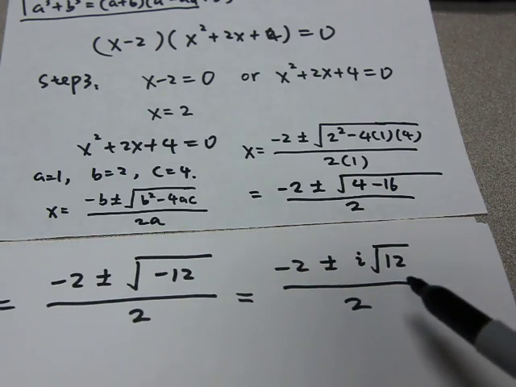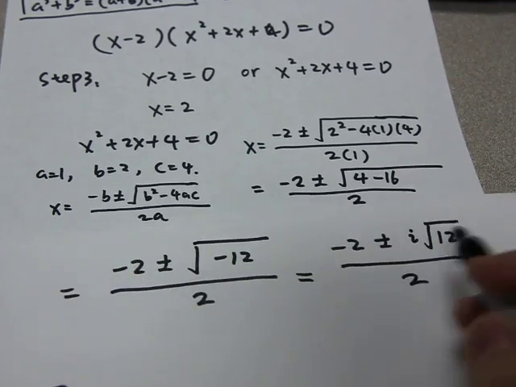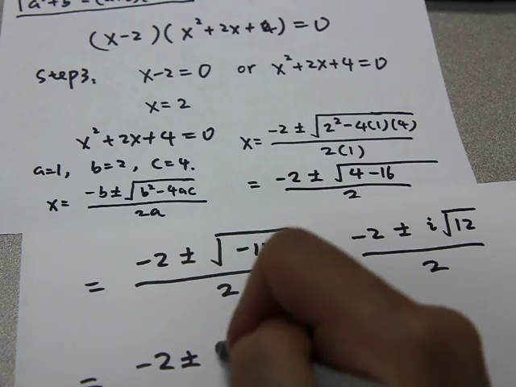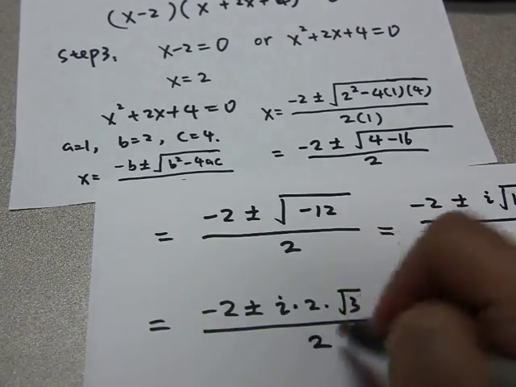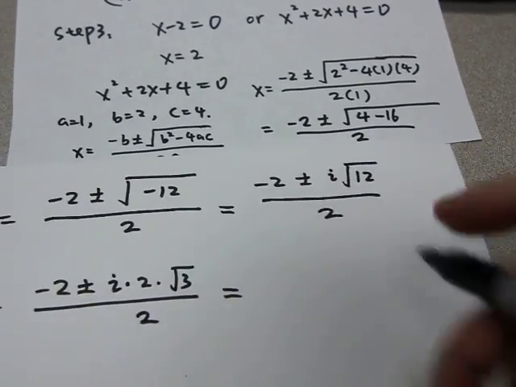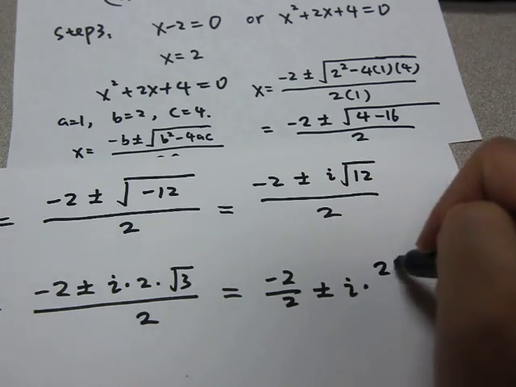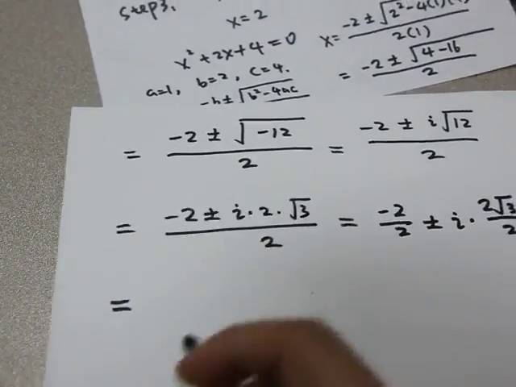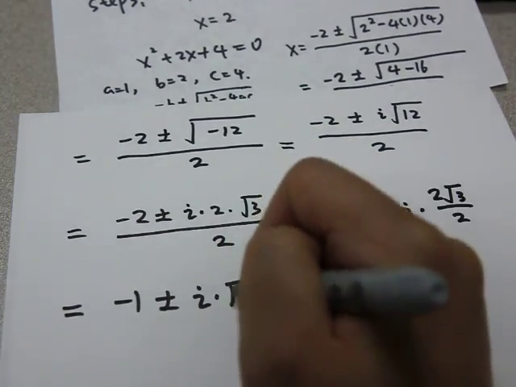Again, if you forgot how to do this, you want to watch the videos on complex numbers. Next, we simplify the square root of 12, so we have i times 2 times the square root of 3, over 2. So we have negative 2 over 2 plus or minus i times 2 times the square root of 3 over 2, which is negative 1 plus or minus i times the square root of 3.